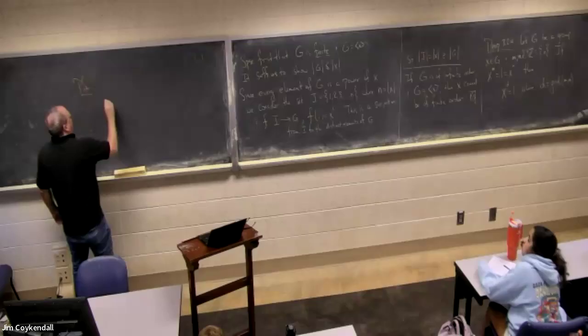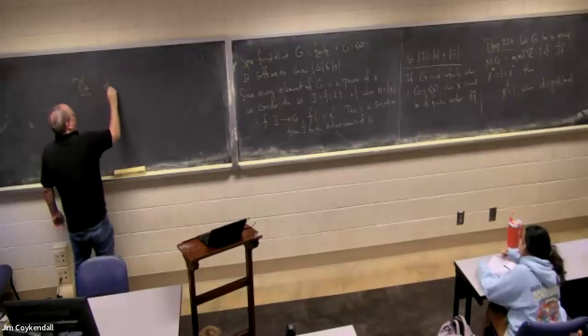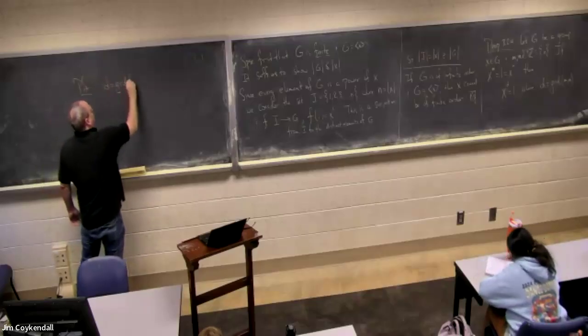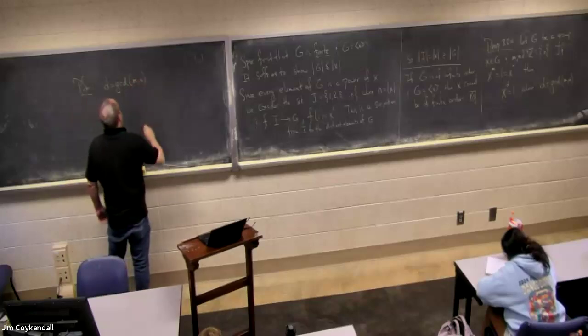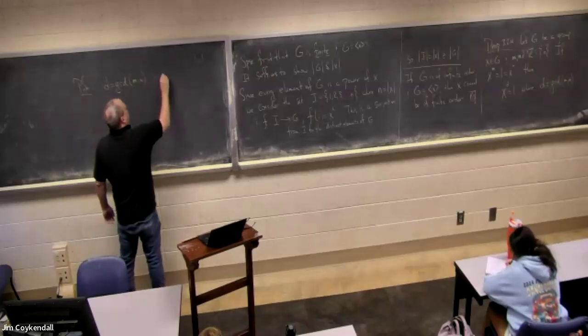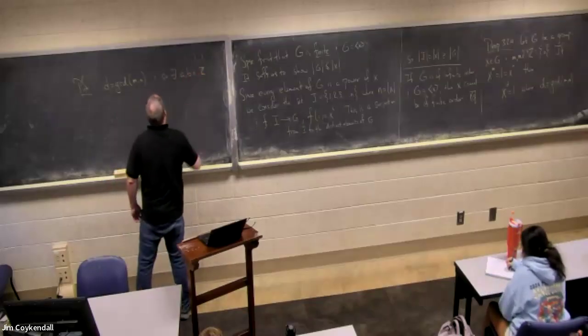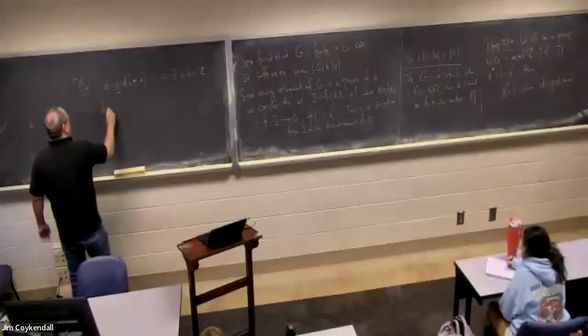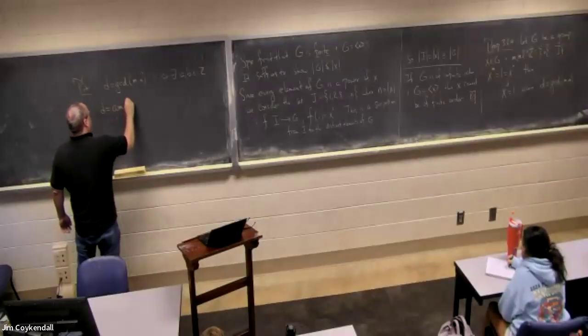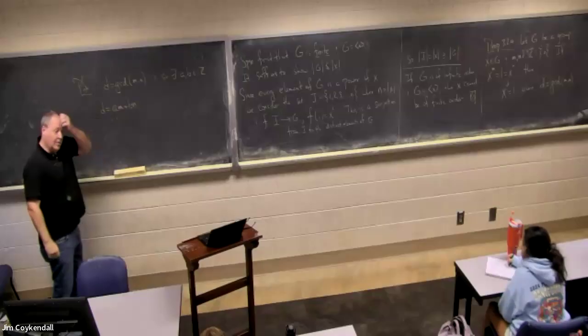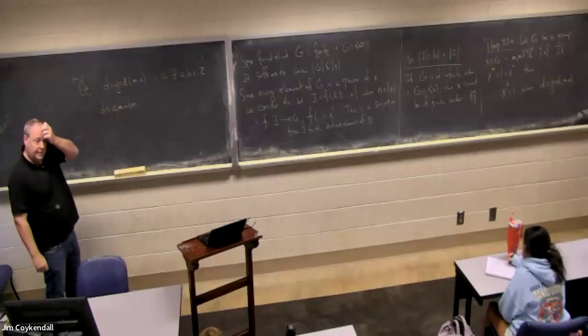Proof. There exist a and b in the integers with d. We actually proved that in the homework, right?